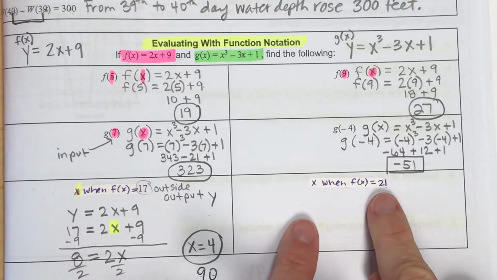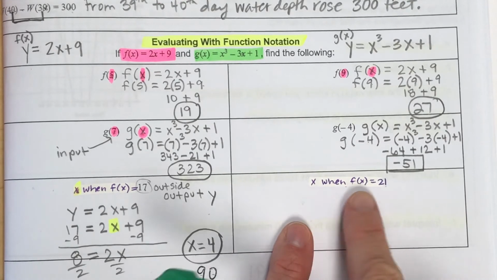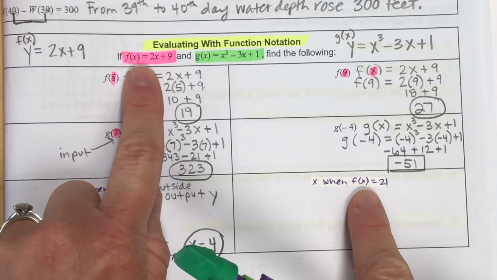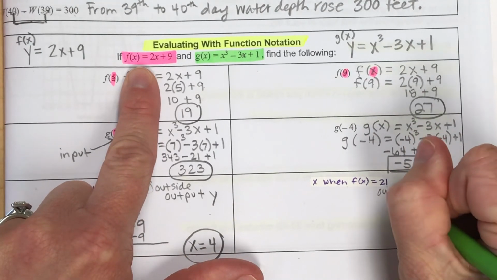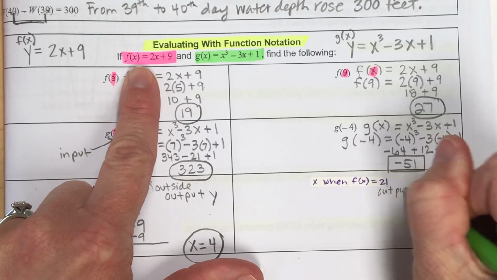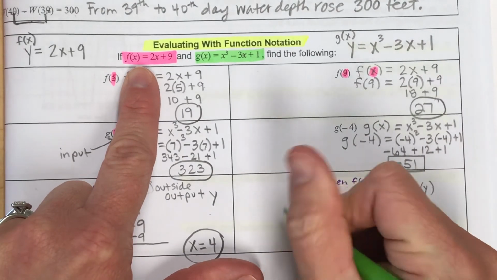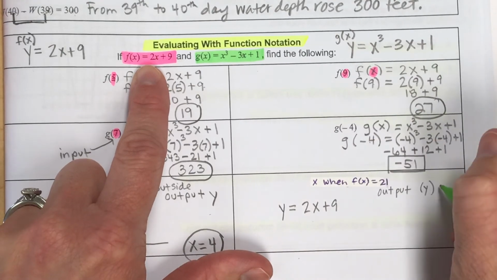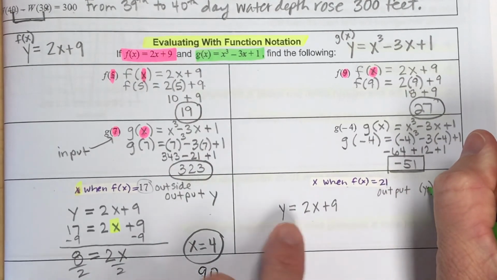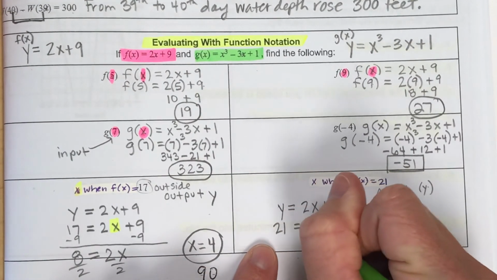Now in this question here, again, solve for x when your function, this pink function here, when your output is 21. See how that's outside? That's your output, which is the letter y. So our function was y equals 2x plus 9. My output I'm now replacing with the number 21.